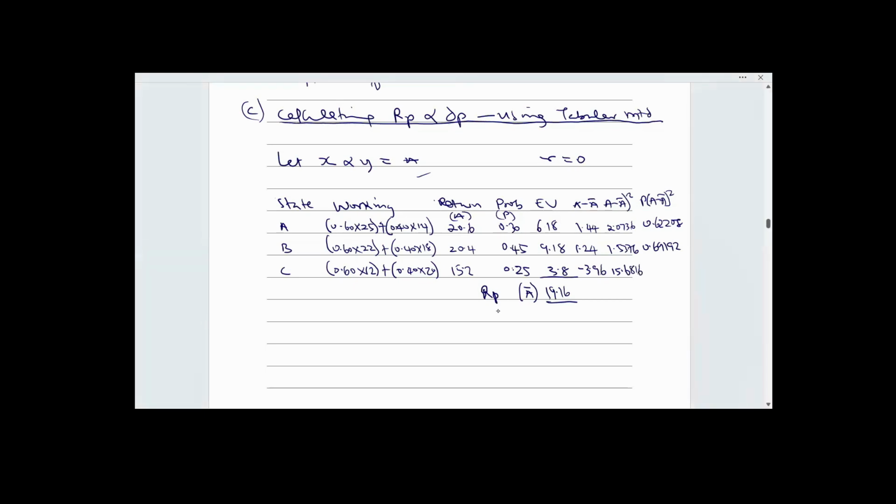Then multiply by the probability of 0.25, which equals 3.9204.